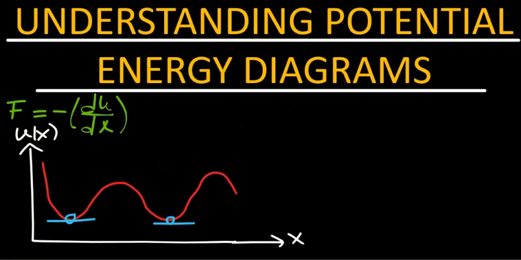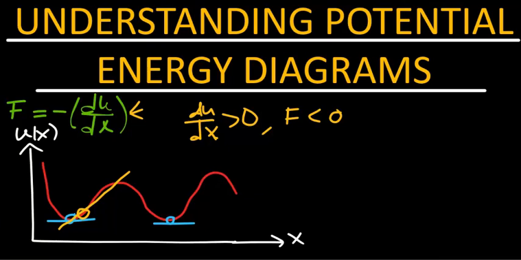Now let's consider a point which is slightly to the right of that minimum point, as the one shown in yellow. Of course, at that point, you can clearly see the slope dU/dx is positive. What that means is, from this equation, the force is negative, namely it's heading in the direction that is heading towards the origin.